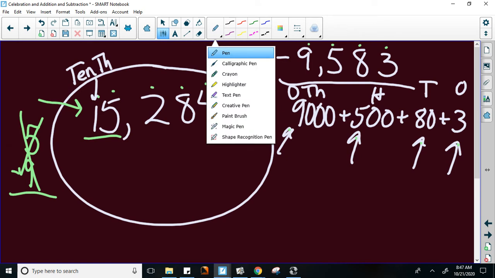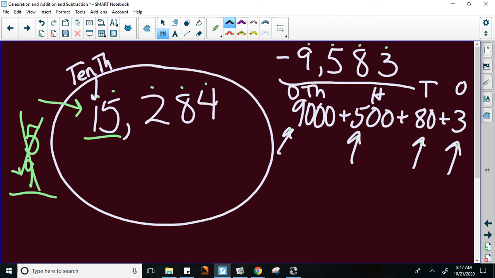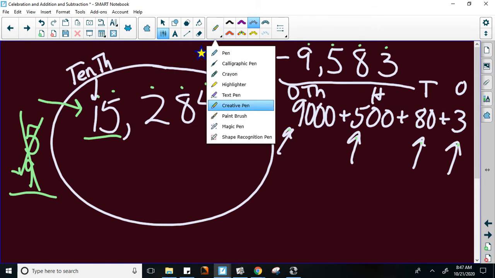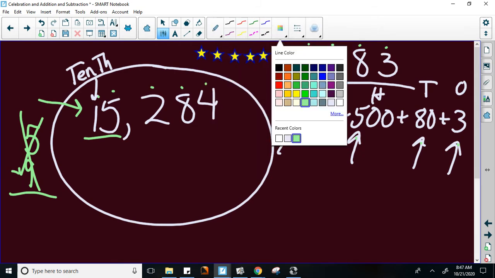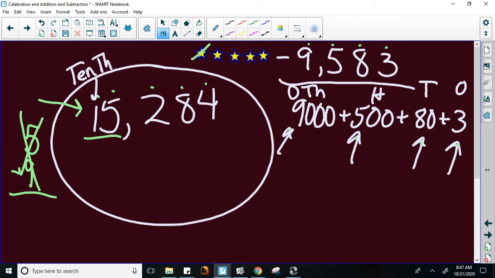I can make pictures. If I have 5 stars, 1, 2, 3, 4, 5, can I take 9 of them away? I don't think so. No, I can only take 5 away.